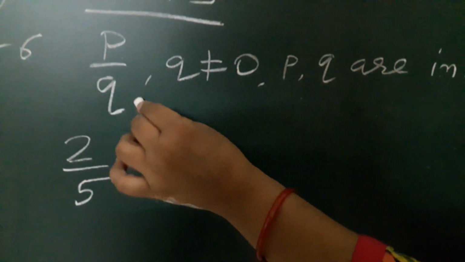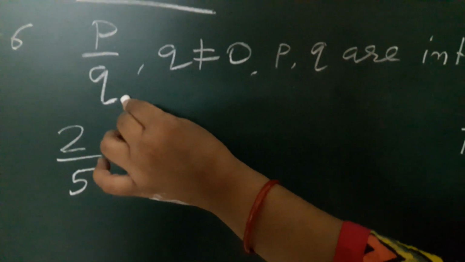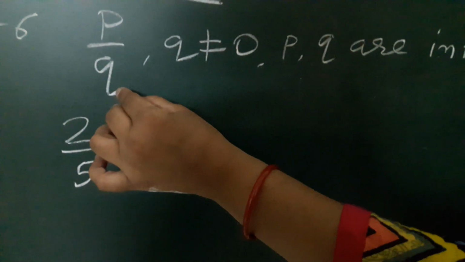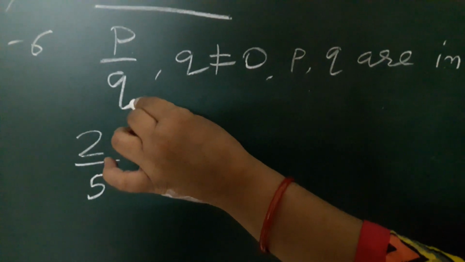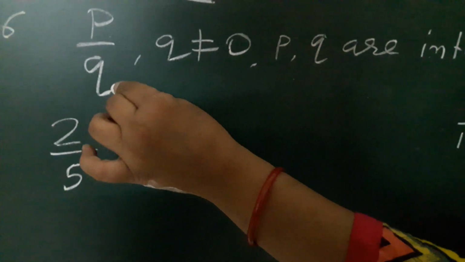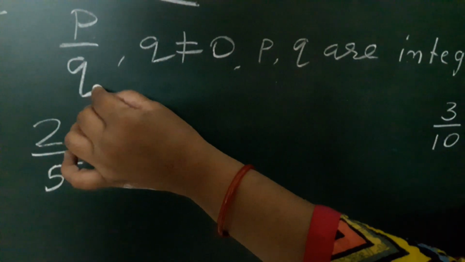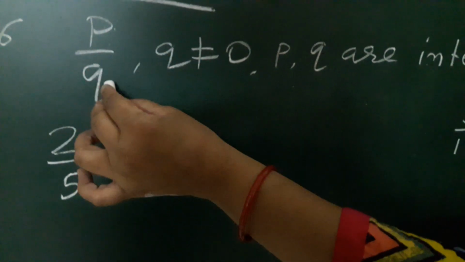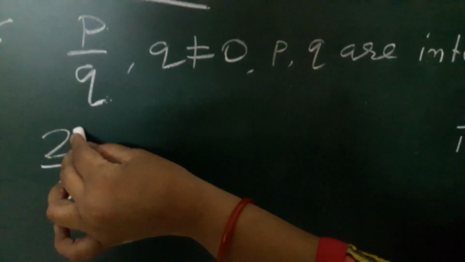We have to find the property of the denominator q. Here p and q are co-prime, that is, the common factor of p and q is 1. So we are taking first example 2 by 5.